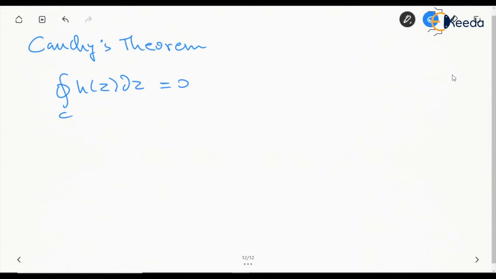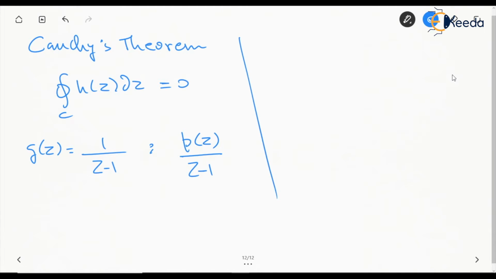Whereas talking about g of z, which is 1 by z plus 1, let's define it in another variable. Let's say this is p of z by z minus a.